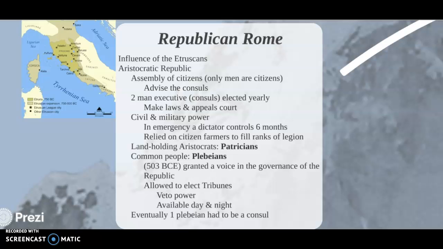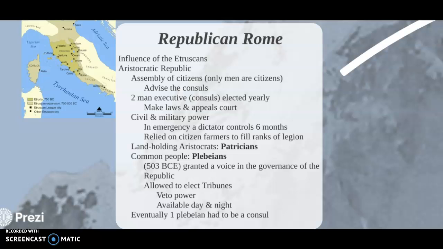For example, one aspect of that would be the election of tribunes, who are basically the voice of the plebeians. They have veto power available 24/7, and are seen as a mouthpiece for the plebeian cause in the Senate. As you're going to see throughout the notes and your reading, the tribunes and even those aristocrats who are more plebeian conscious.